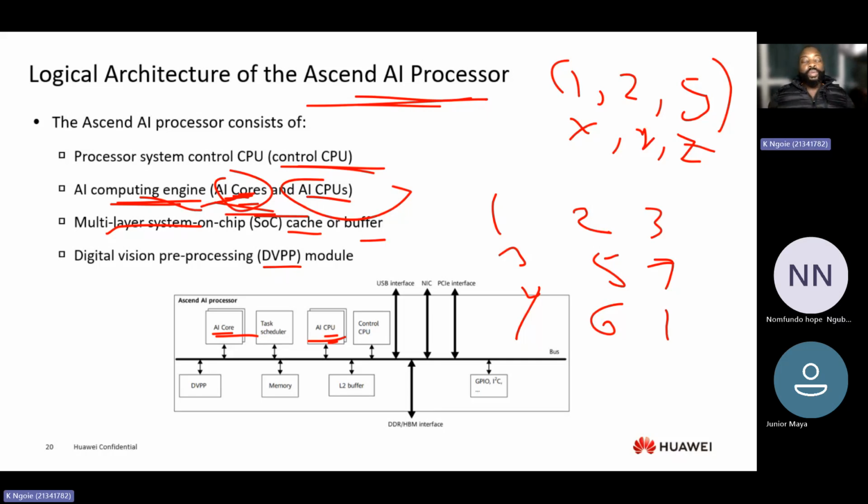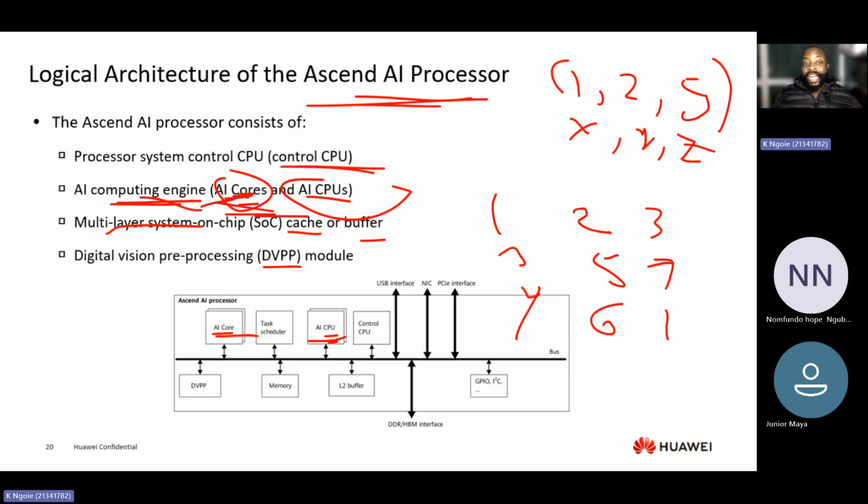All right, so now that's what the AI core is going to do. The AI core will be specialized in tensor and matrix operations. So basically, the AI core will be very important when we're dealing with convolutional neural networks, CNN, all the matrix calculations which we're going to find in all the neural networks.